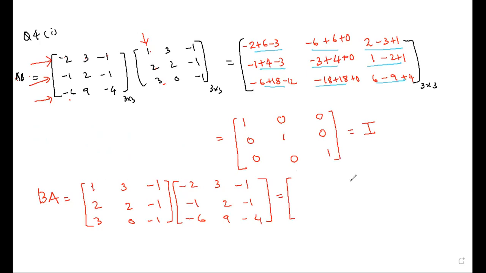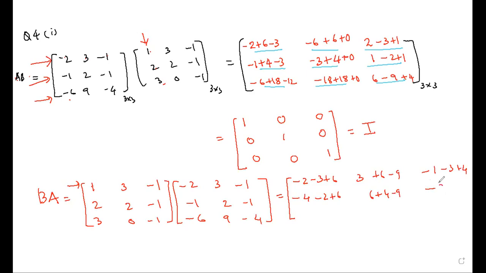So when you multiply here, can I multiply first row with first column? So minus 2, minus 3, plus 6. Next will be 3, plus 6, minus 9. Next will be minus 1, minus 3, plus 4. Next will be minus 4, minus 2, plus 6. Next is 6 plus 4, minus 9.